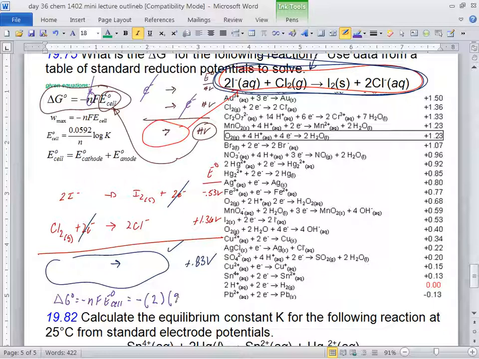Perfect. 96,485 coulombs per mole of electrons. E0 cell, 0.83. Everything's in standard metric units, so I'll get joules out of this. And the negative sign didn't disappear, so my answer is going to be negative. So the reaction is spontaneous. And you can kind of know that because E0 cell is positive too.